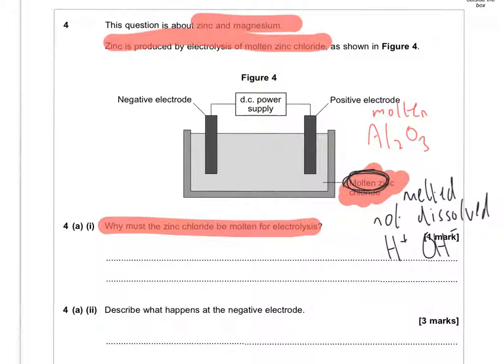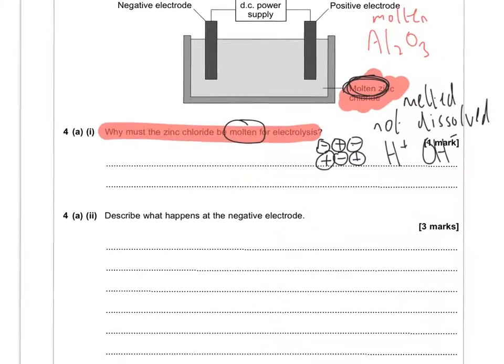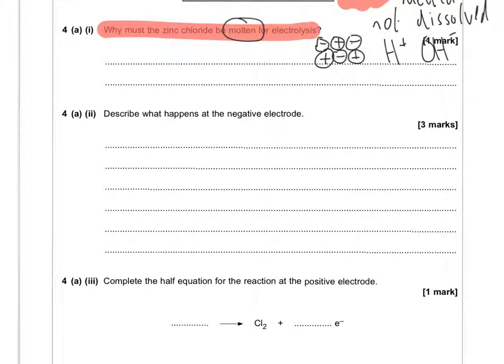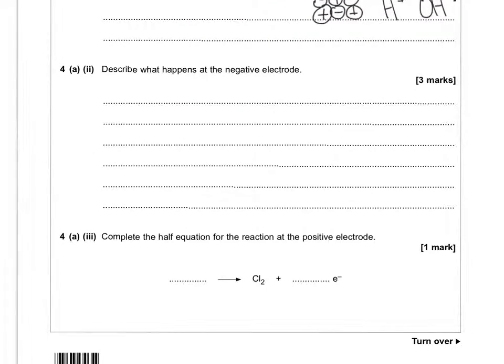Again, that keyword molten. Well, why can't it just be solid? And if it was solid, could anything happen? If I draw a zinc chloride, that's roughly what it'd look like. Maybe with more negatives, but it doesn't really matter. So we've got to say why that wouldn't work and why it does need to be molten.